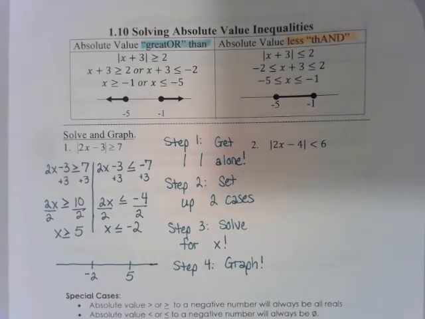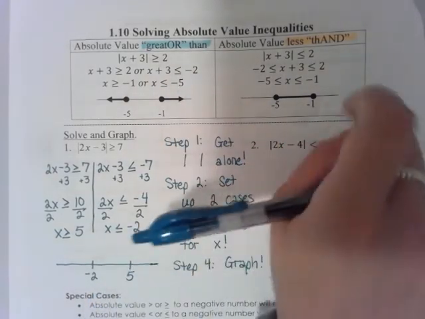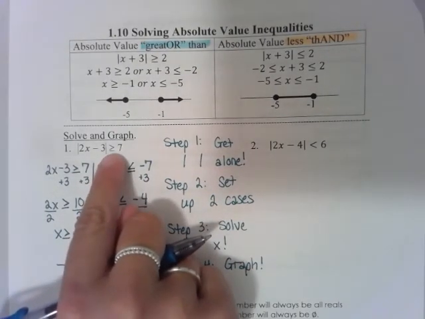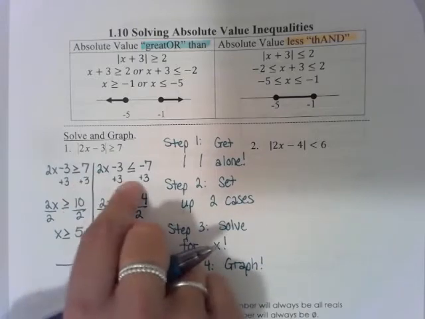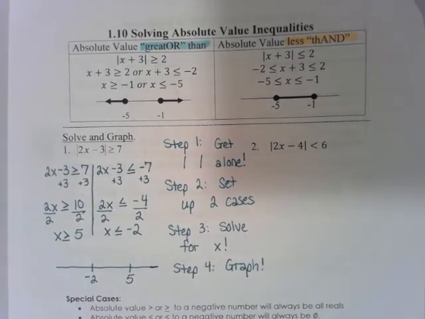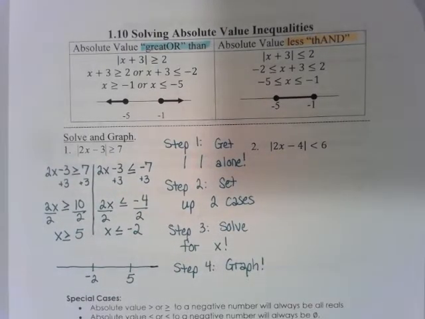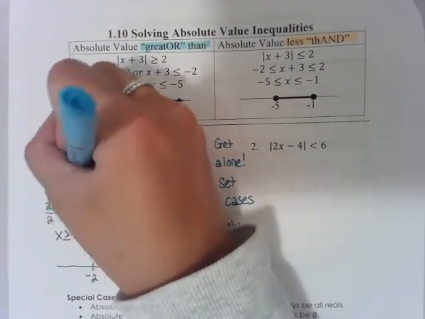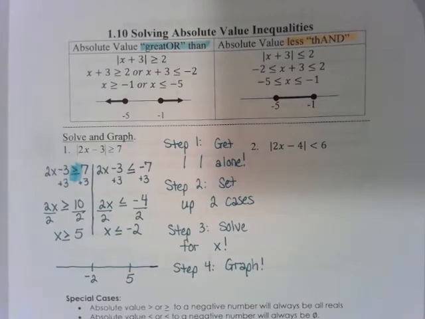In order to find out if we're dealing with a greater than or less than graph, I need to look at what the inequality sign was whenever I split it up into cases. So I want to look at the inequality sign that I see in that first case to know which direction I need to go in.